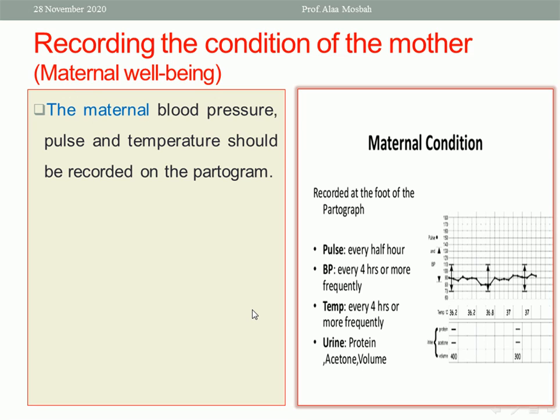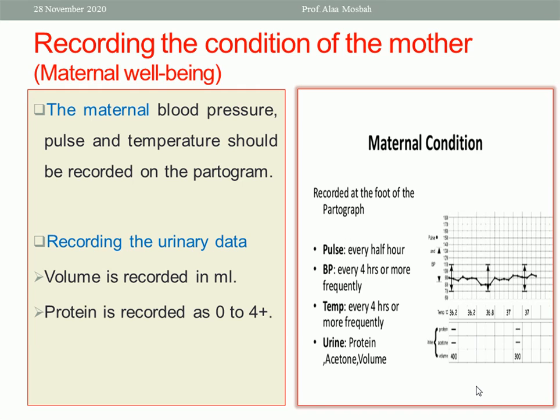The maternal pulse, blood pressure, temperature are recorded in the partogram, and the urinary data, as we said, the volume, presence of glucose, albuminuria or acetone, all of these represented here in the partogram in urine details of the mother.